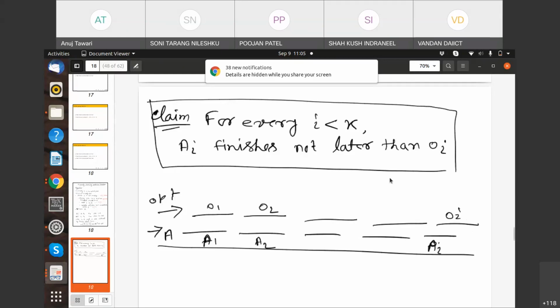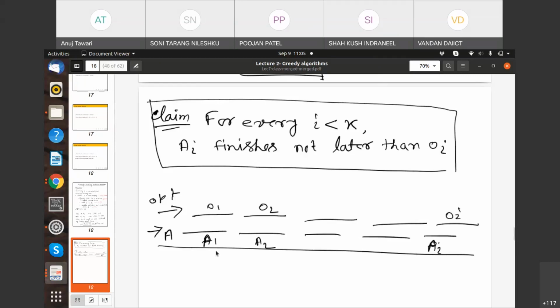Proving correctness is usually very difficult. So what do you know in this setting?